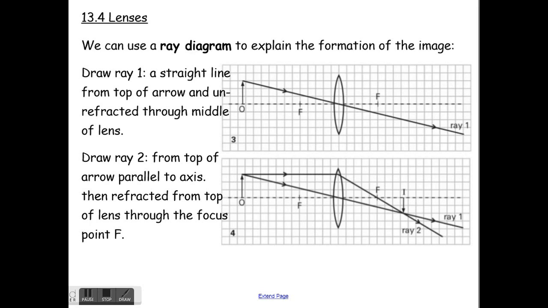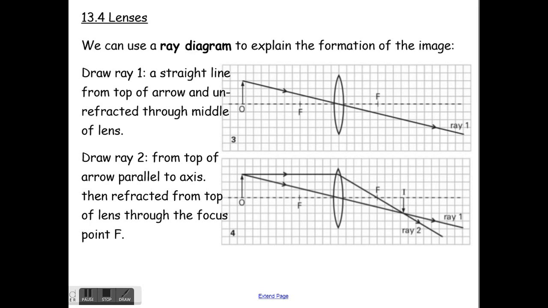And then the second one will start at the same point, but will go parallel to the top, and when you stop in the middle, you put it through the focal point. Use my ruler as an example. I stop in the middle, and I want to make sure that line always goes through the center there. Wherever you put this focal point, that's where the second one has to pass through.